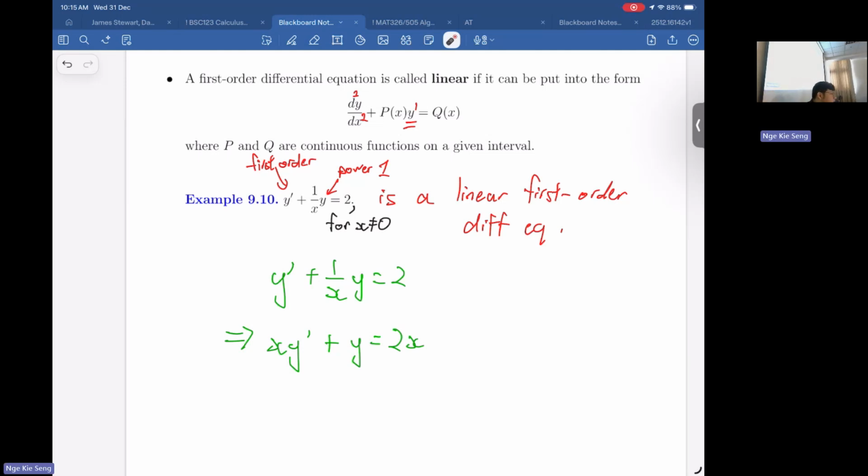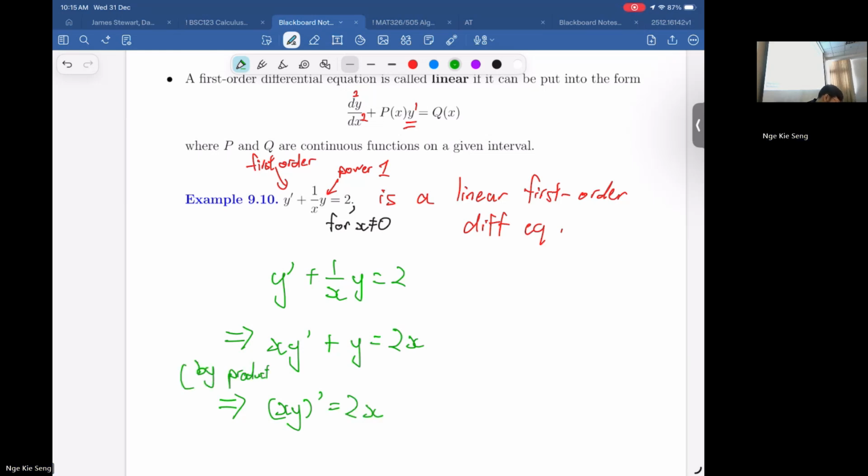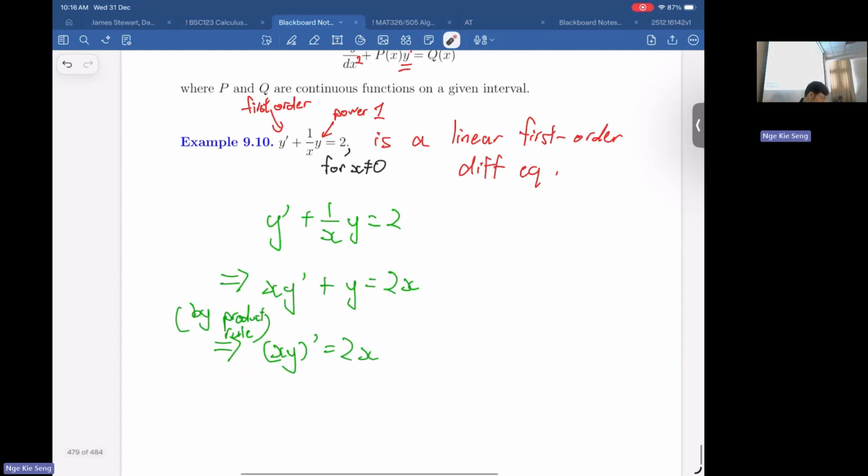What is it? Product rule, yes. So you can use the product rule to turn this into (xy)' equals 2x. You differentiate y, and then plus you differentiate x.